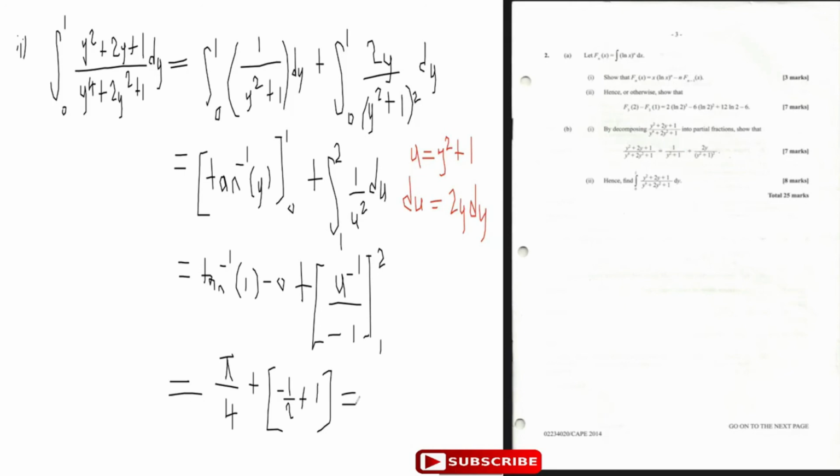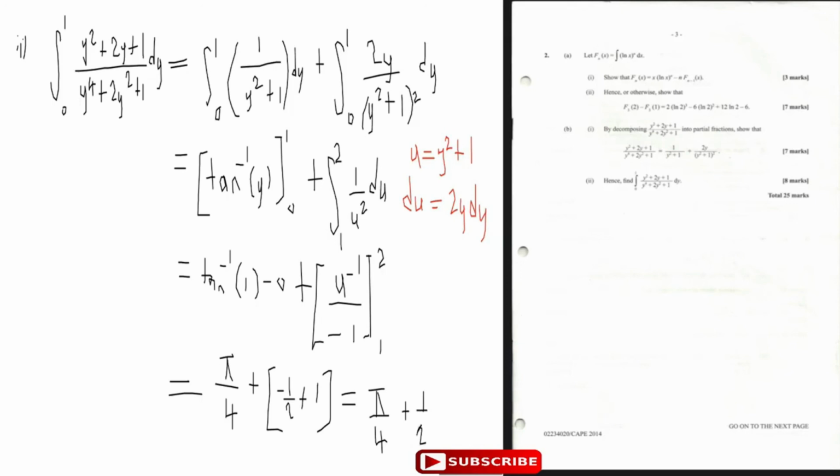Minus a half plus 1 is just a half. So the final answer is just pi by 4 plus a half. Nice and easy, that's the answer.